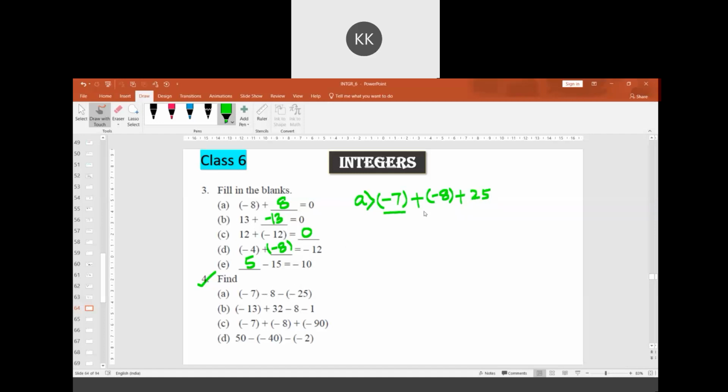Now it's the addition of like integers. Minus 7 added to minus 8 is minus 15 plus 25. Now they are unlike integers, we have to do subtraction. So 25 minus 15 is positive 10. You were telling different answers, but the answer is positive 10.